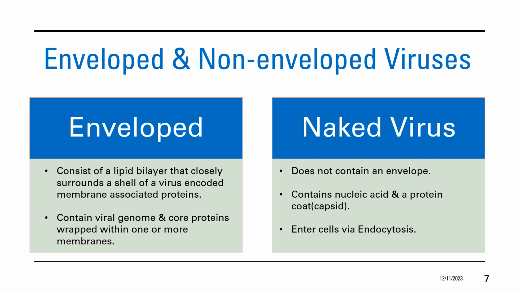Next we'll differentiate between an enveloped and non-enveloped virus. A non-enveloped virus is also called a naked virus. An enveloped virus consists of a lipid bilayer that closely surrounds a shell of virus-encoded membrane-associated proteins.